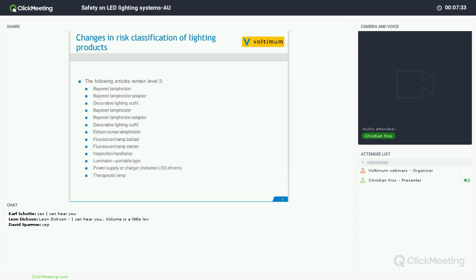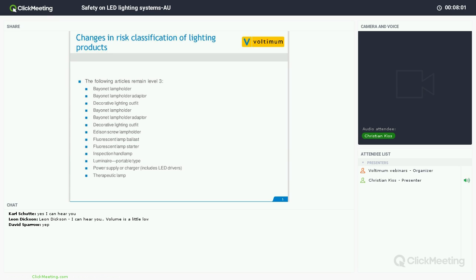Just for the general understanding for everyone's benefit, the way that the classification system works is effectively if a general consumer can come into contact with a product and connect it and move it around, or can put a bulb into it or whatever, it's a high risk item because a novice or general layman will come into contact with it, and there's a risk of electrical shock.